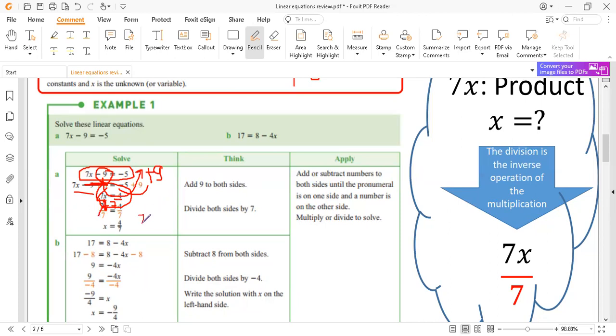Or when we have 7x equal to 4, I want to explain it differently. It is very easy to say: I want to move this 7 to the other side of the equal sign. Normally we have a multiplication, so 7 becomes a division. So x equals 4 divided by 7.